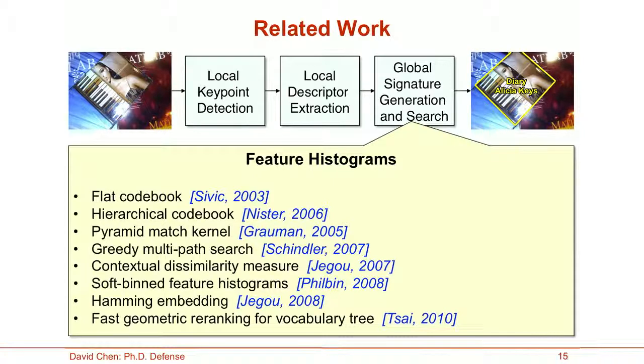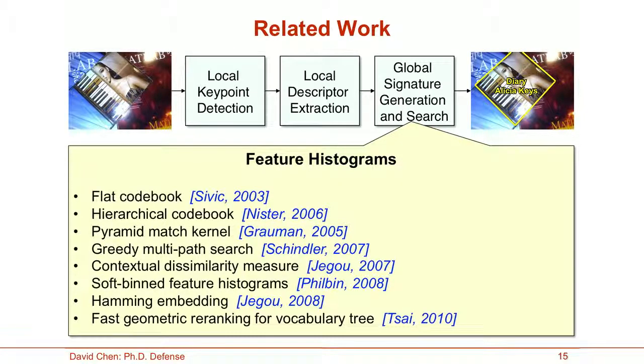For fast database search, the local descriptors are usually aggregated into a global signature. Here, a large class of algorithms belongs to feature histograms. Methods have been proposed for both flat codebooks and hierarchical codebooks.